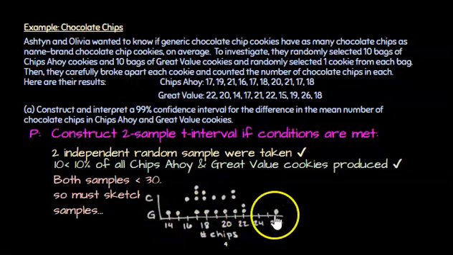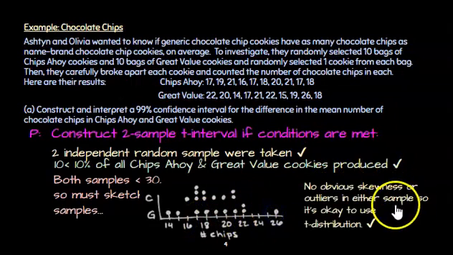These are not strongly skewed at all. So I need to summarize what I found from this sketch. Don't just leave it as a sketch and put a check mark. That won't work. So what I would say is that there's no obvious skewness or outliers in either sample, so it's okay to use the t-distribution. That's what it tells me, because it's inferring that if my samples look like this, then the populations are approximately normal.